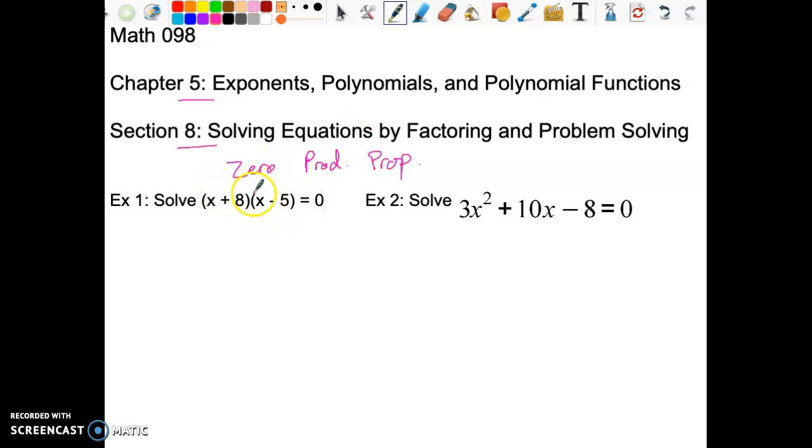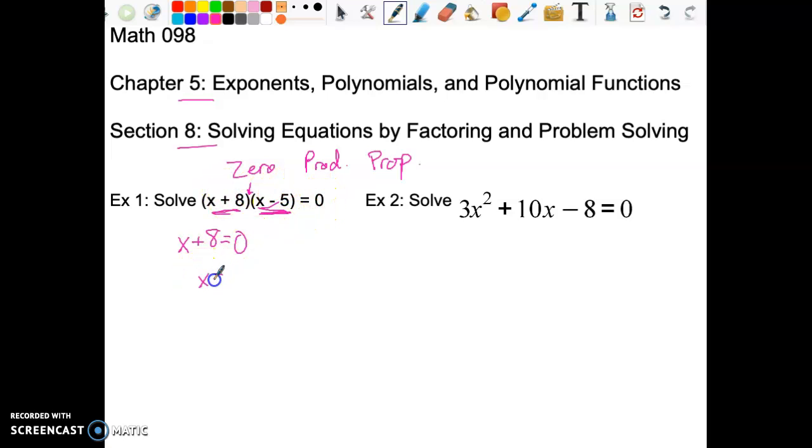But what it's saying is, if you have a product of two numbers, the only way for that product to equal 0 is if one of those two numbers is equal to 0. For instance, if x plus 8 is equal to 0, I don't care what this other quantity is over here, because 0 times anything is 0.